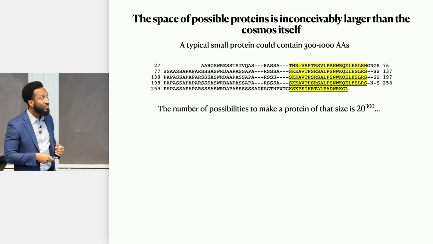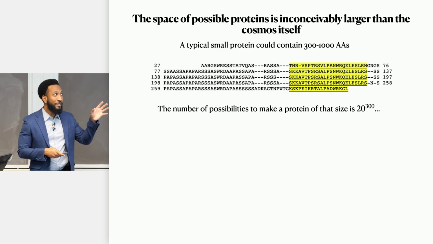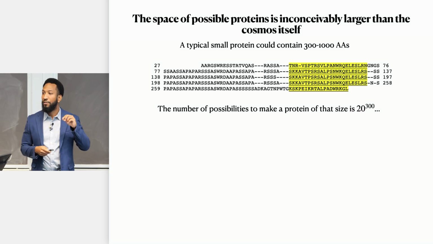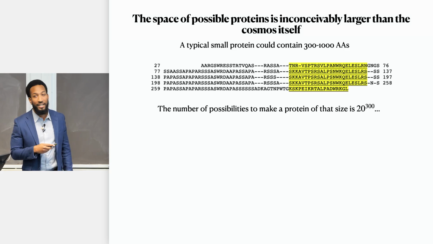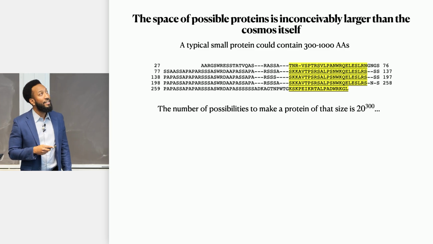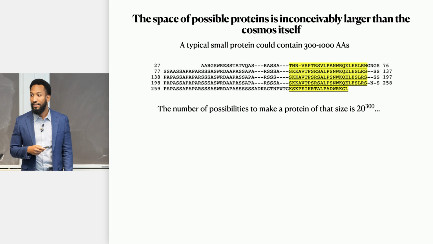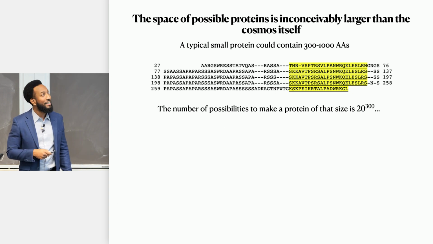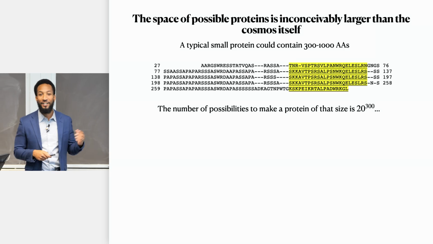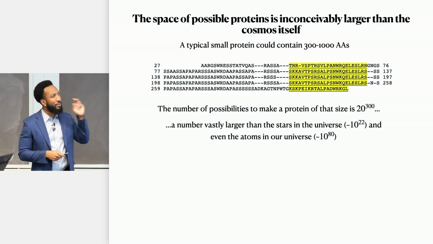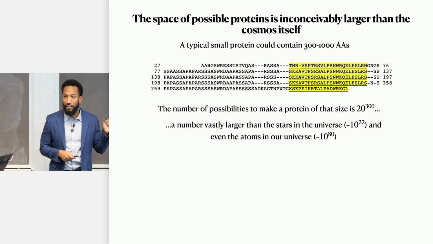So first, I just want to mention that if I were to design a protein of 300 amino acids, like I said, a typical size is 300, you would have 20 to the 300 possibilities. I don't know if that sounds like a lot to you or not, but just to give you an idea, the number of stars in our universe is only 10 to the 22.